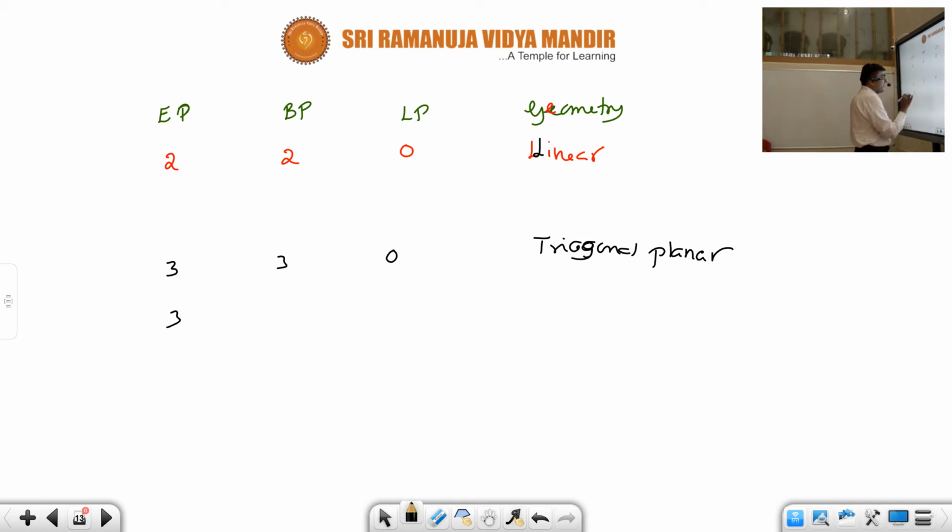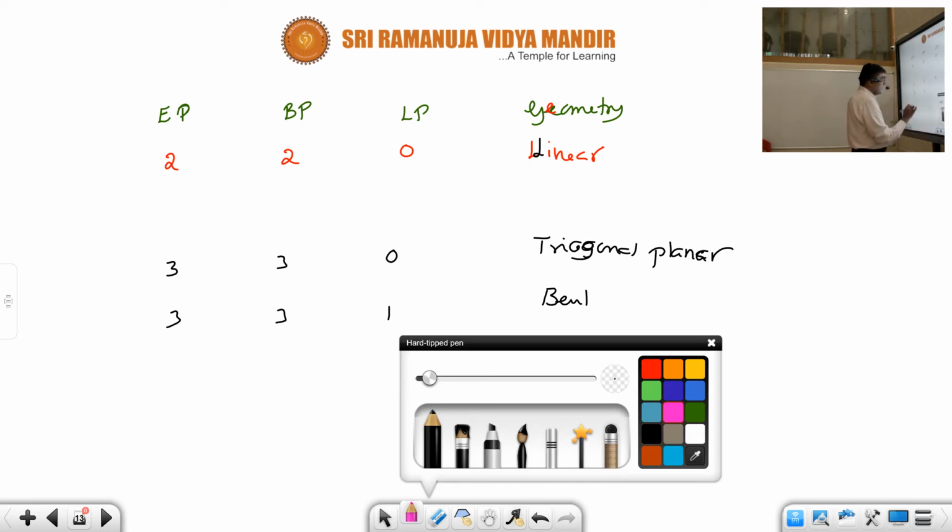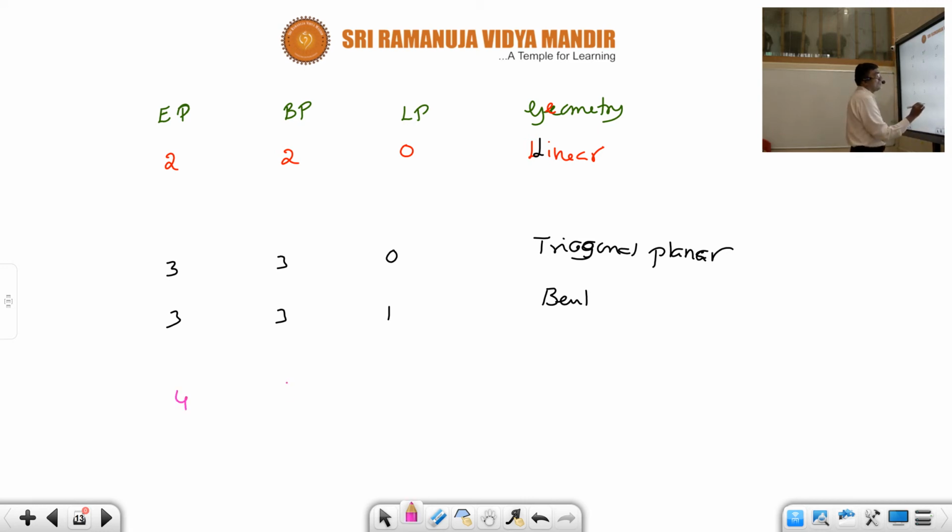If 3 electron pairs, 2 bond pairs, 1 lone pair, it is called bent shape or angular shape. Now let us take another one. 4 electron pairs, all 4 are bond pairs, no lone pairs, tetrahedral structure.